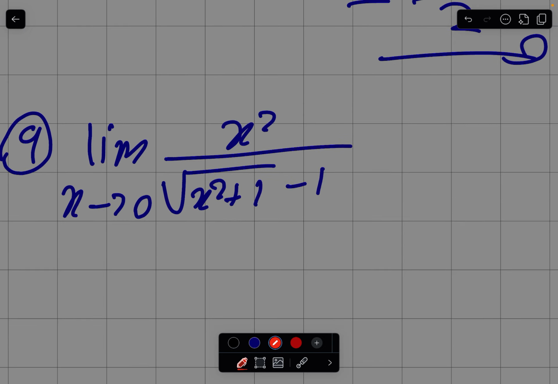The first thing you do here, if you see a square root, you have to what? You have to rationalize. Rationalizing is multiplying by the what? By the conjugate of that thing. Understand? You have square root of x squared plus 1. Therefore the conjugate is going to be what? It's going to be positive, since here it is negative. Then we have what? Plus 1. Understand?